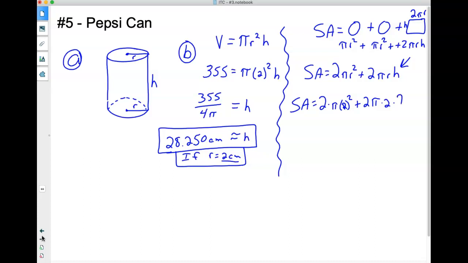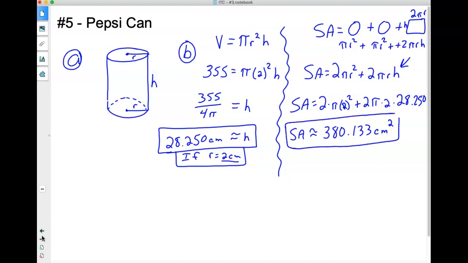We know this is 28.250. That means the surface area is approximately equal to 380.133 centimeters, and because it's surface area, it's centimeters squared. If the radius is 2 centimeters, that's how I will get the surface area.